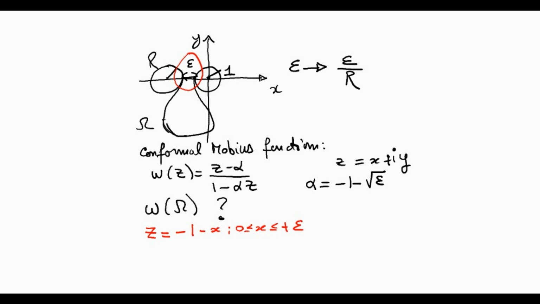And this part is real, it is on the real axis. So this belongs to this axis. And so since alpha is a real number, and z is on the x-axis, actually this piece here is going to be mapped inside here the domain.